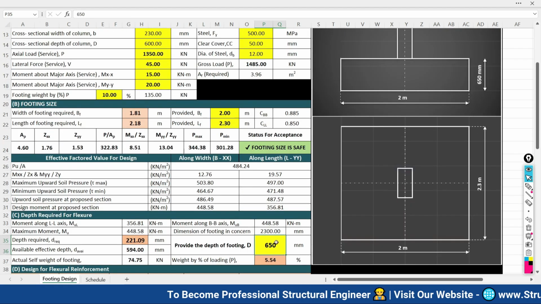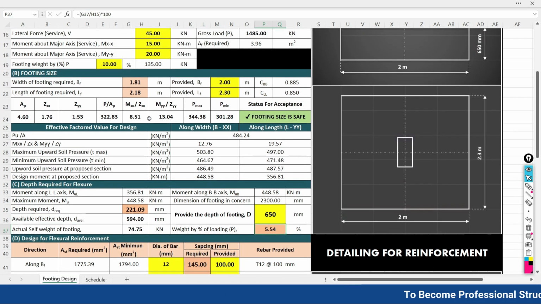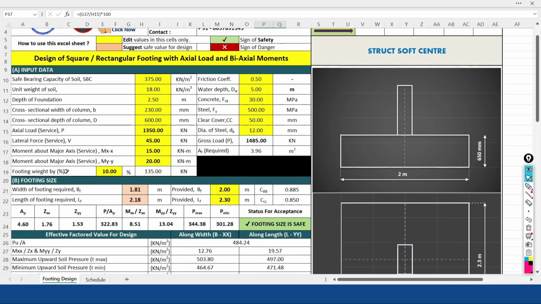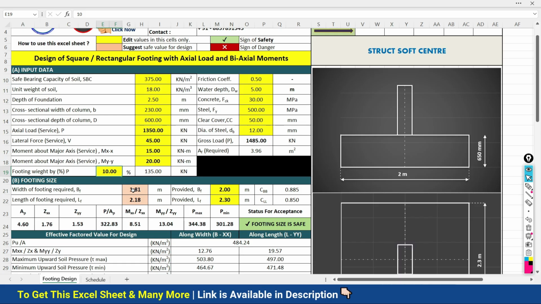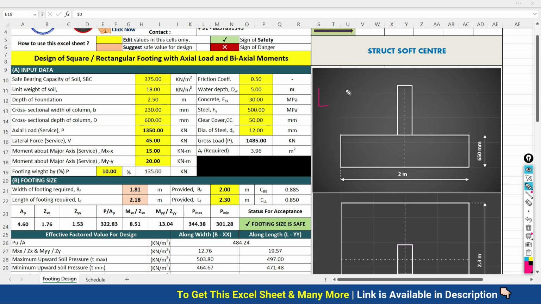And guys, important thing, remember here, the actual weight of the foundation is 5.54. Actually, when we were initiating the solution for this problem, we adopted the self weight of the footing as 10%, because at that time we don't have the length, width and depth of the footing. To know the weight of the foundation, we need to have the length, depth and width of the foundation.